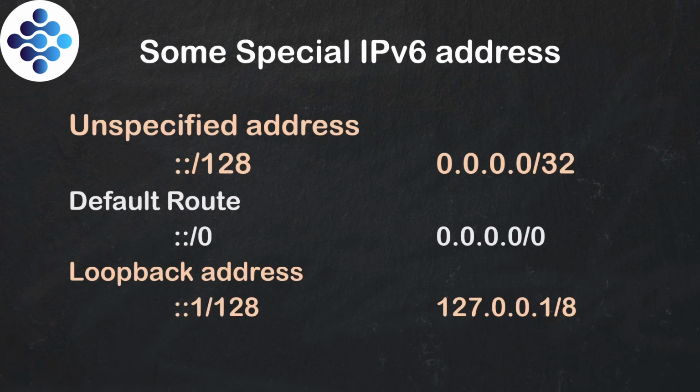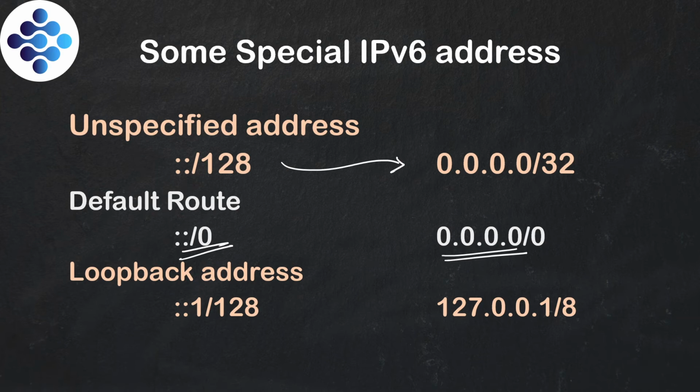These are some special IPv6 addresses, like the unspecified address ::/128. This is equivalent to 0.0.0.0/32. Let's say when we talk about default routing, right, we use 0.0.0.0/0. Over here it is ::/0.